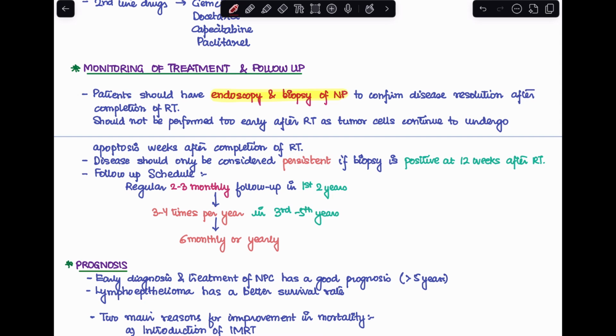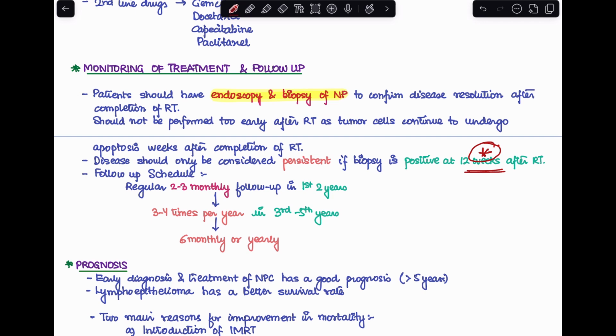So it is only after that we perform a biopsy of the nasopharyngeal area. And if we see that the biopsy is positive even at 12 weeks after radiotherapy, then we classify it as a persistent disease.